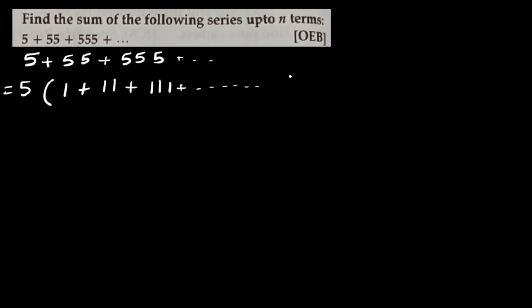Because this sequence is going on. Now what do I have to do? This we can multiply and divide by 9. Then what I'll get: 5 by 9, and this multiplication by 9 with each and every number.